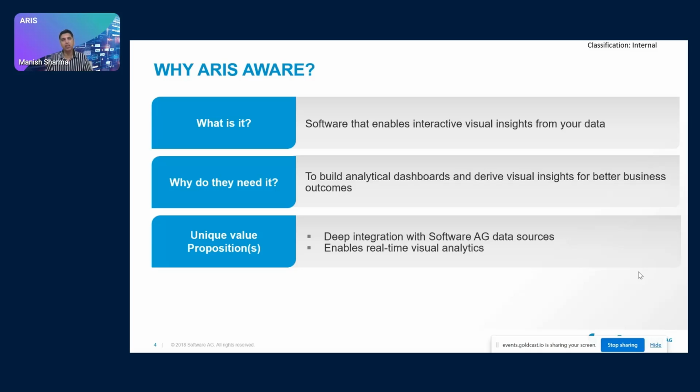So it is easy to work with graphs rather than numbers, and that's the reason we included ARIS Aware as one of the capability within ARIS, where you can extract data from within ARIS or an external data and join it up with ARIS related data to present some sort of a holistic picture of where you are on your journey of BPM.